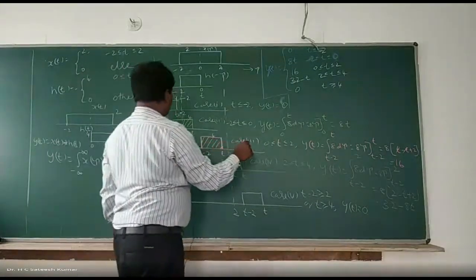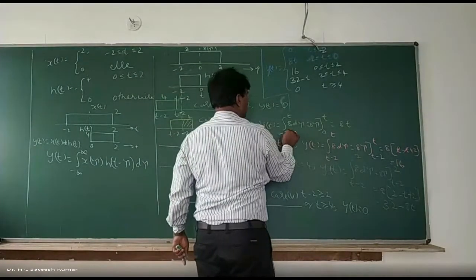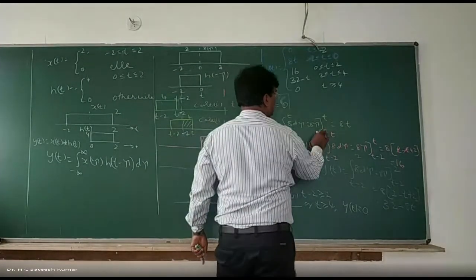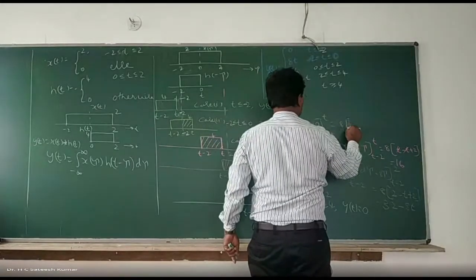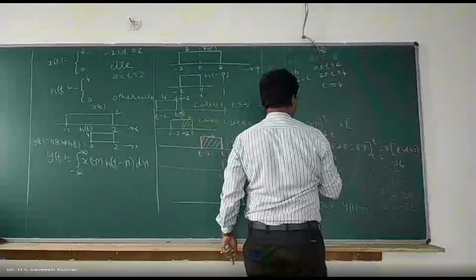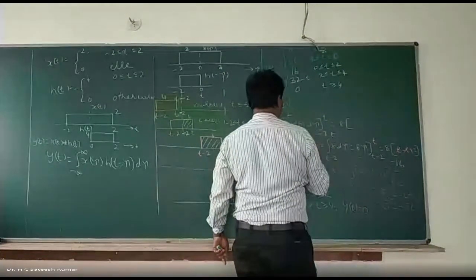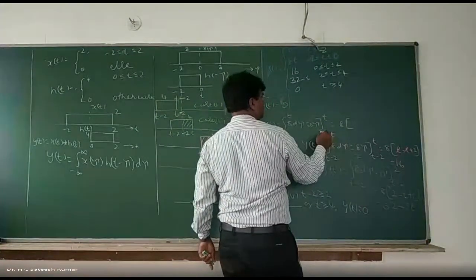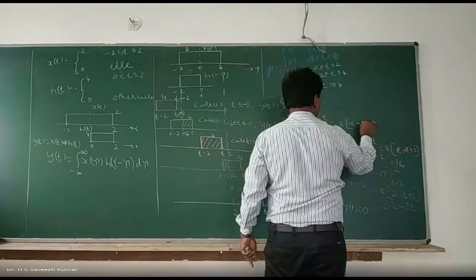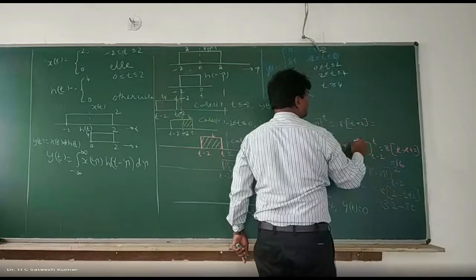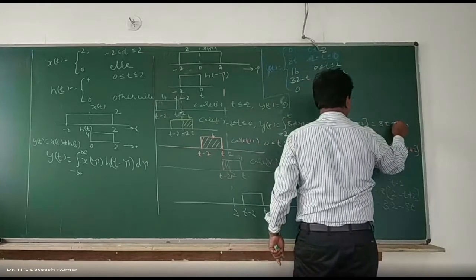Integration is from minus 2 to t. This is not 0. So what is that we have? Minus 2 to t. 8 into 8 into t plus 2, which is equal to 8t plus 16.